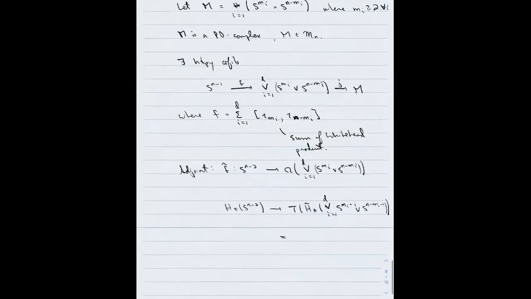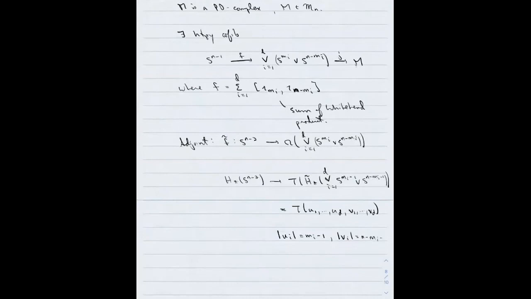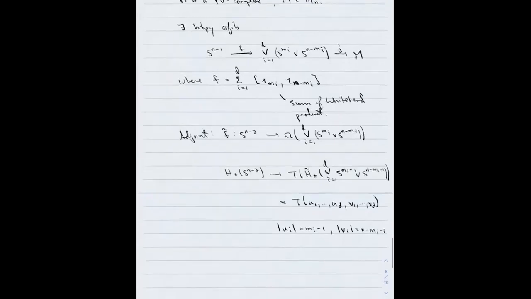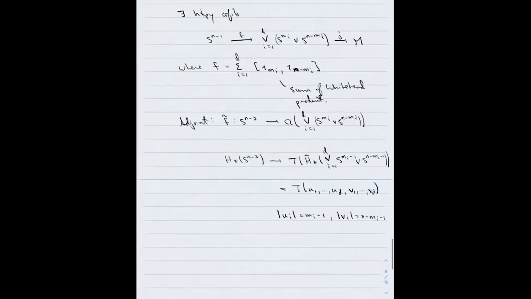And let's write that as a tensor algebra on elements, say U1 up to UD, V1 up to VD, where the degree of UI is mi-1, and the degree of VI is n-mi-1. So the U's correspond to the mi spheres, and the V's correspond to the n-mi spheres.